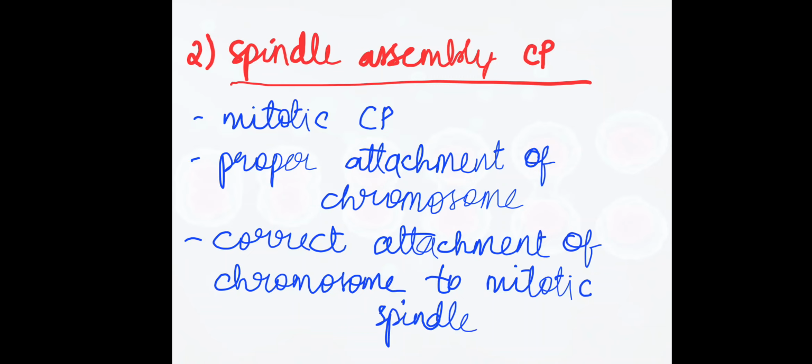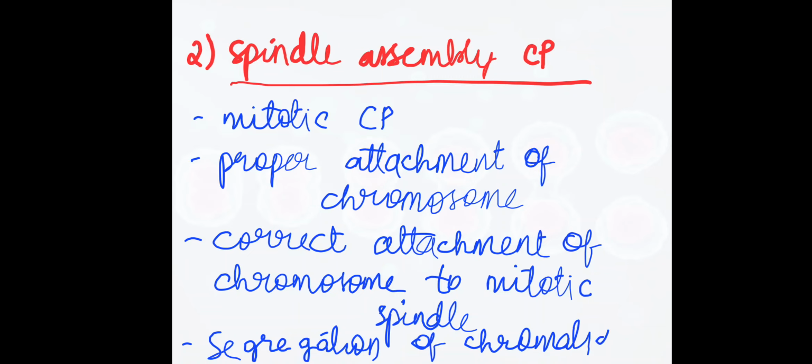And also it prevents the segregation of chromatids until they are properly aligned on the metaphase plate. So it prevents segregation of sister chromatids until they are properly aligned on the metaphasic plate.